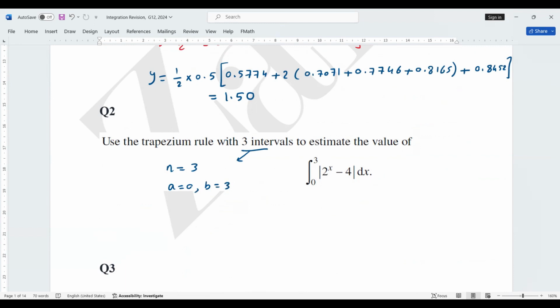We can get h from the formula. h equals b minus a over n. 3 minus 0 over 3 equals 1. 3 intervals means 4 squares. So try to continue.